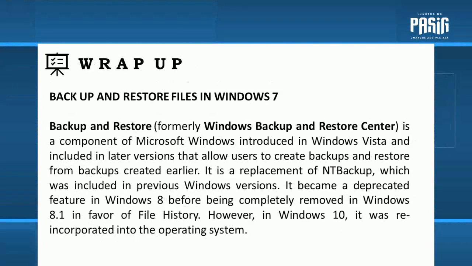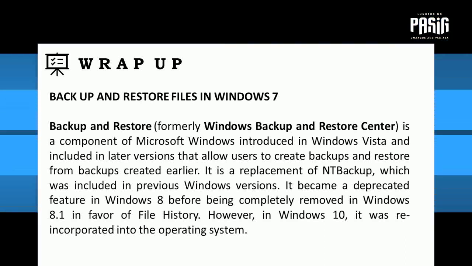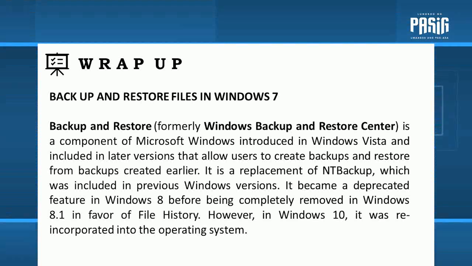To summarize our lesson, let's proceed to wrap up. Backup and restore files in Windows 7. Backup and Restore, formerly Windows Backup and Restore Center, is a component of Microsoft Windows introduced in Windows Vista and included in later versions that allows users to create backups and restore from backups created earlier.